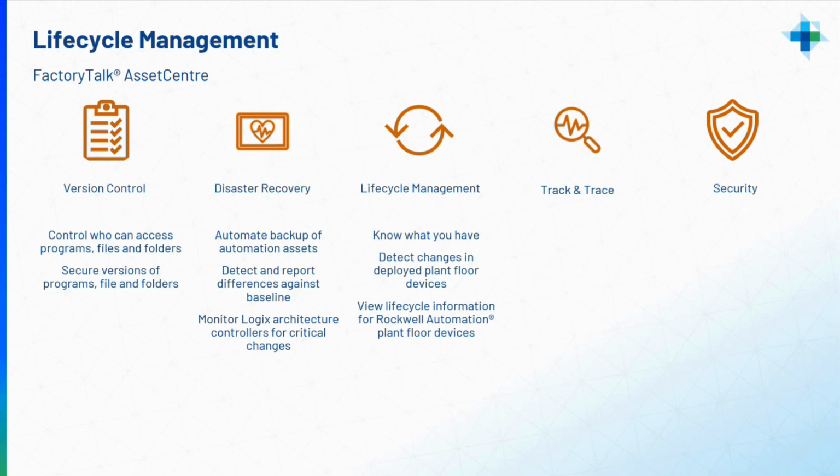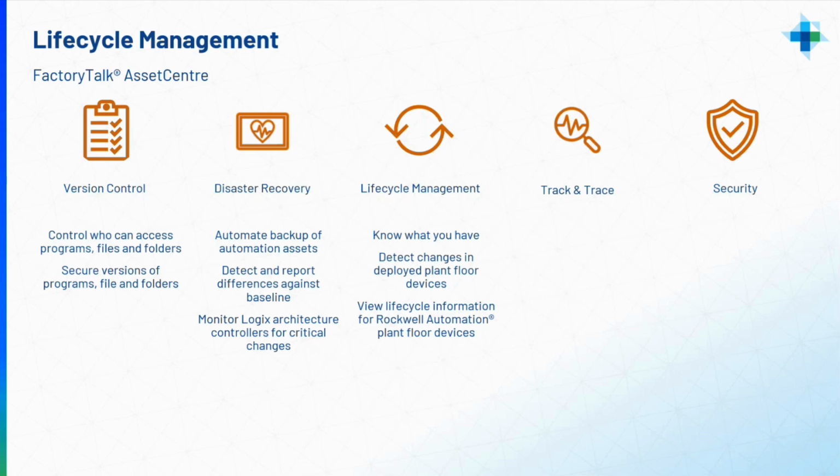It essentially just shows you what the AssetCentre system can see and communicate to across your plant floor, and parameters that you can set in order to see what assets you can find based on different communication protocols. So whether that be like CIP or SNMP, that's the type of information that you get from your asset inventory scan.